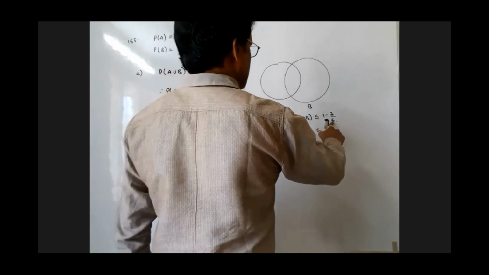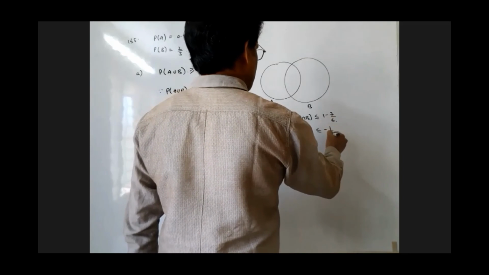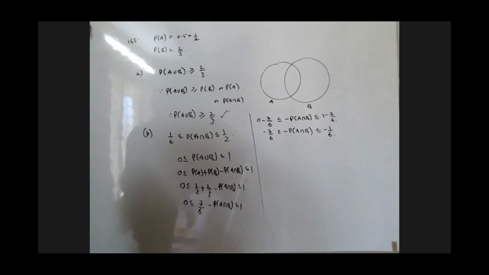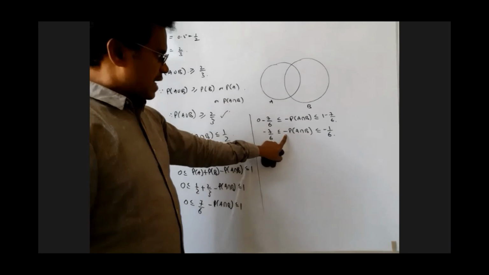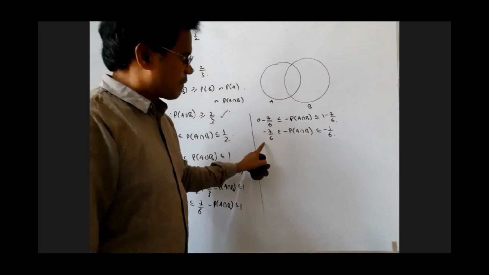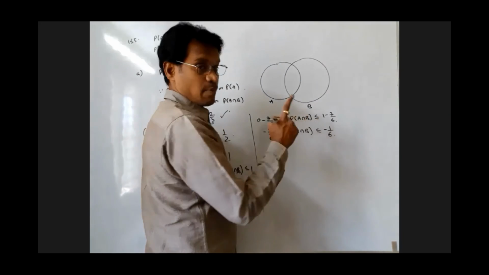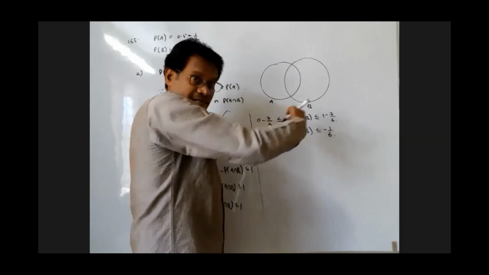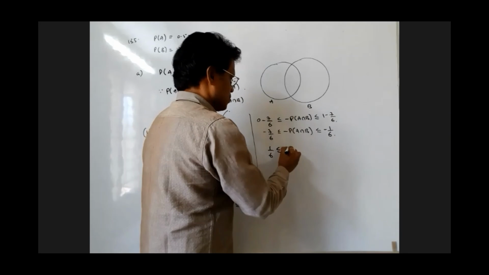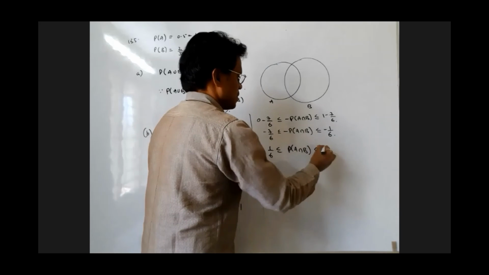Yes, my dear, what is that? Minus 1/6. Because I need the positive side, multiplying by minus sign. What will happen when you multiply by a minus sign? Multiplying by minus here, 1/6 is less than or equal to probability of A intersection B, less than or equal to 7/6.